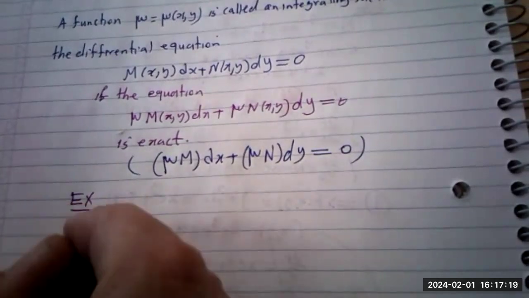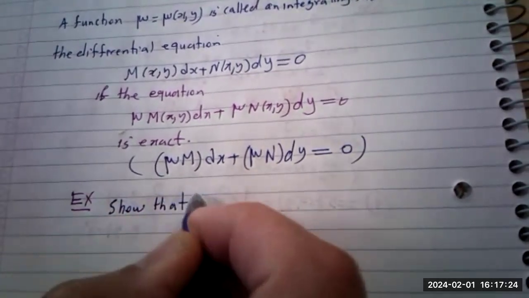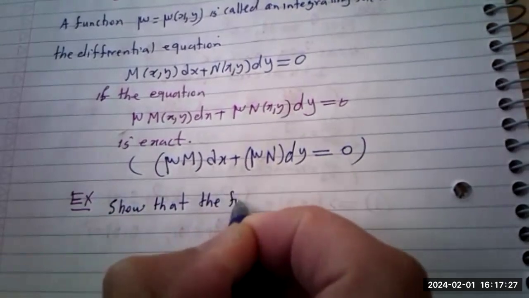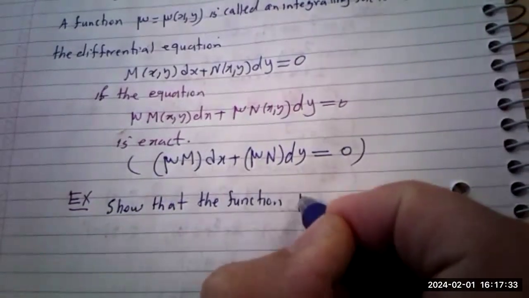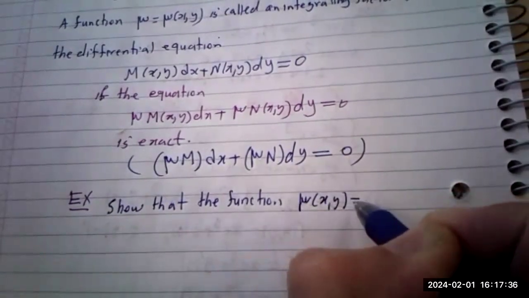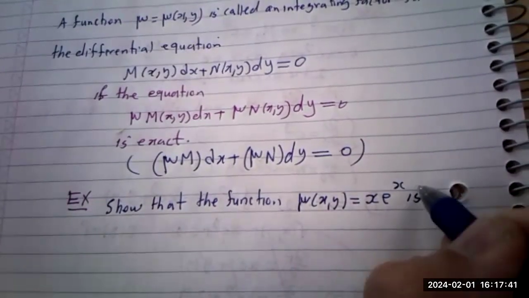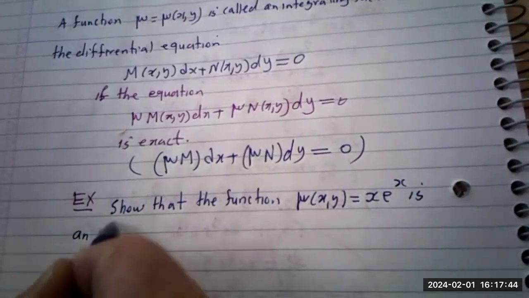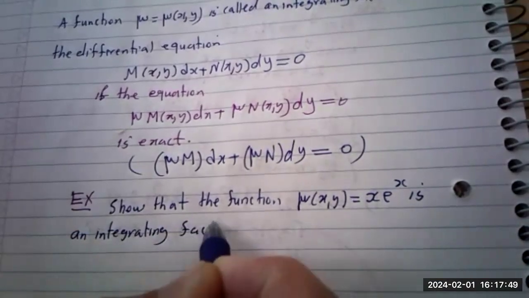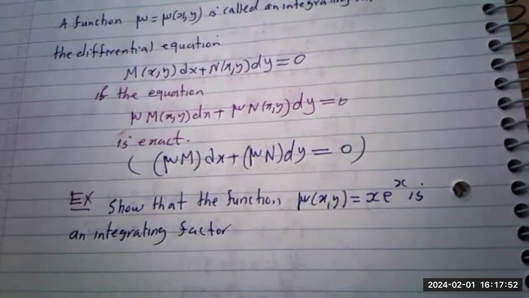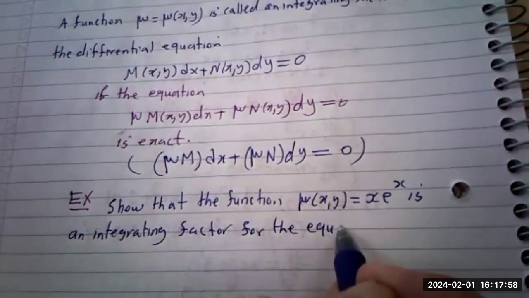They give you the integrating factor and ask you to show that the function mu of x comma y equal to x times e to the x is an integrating factor for this equation.